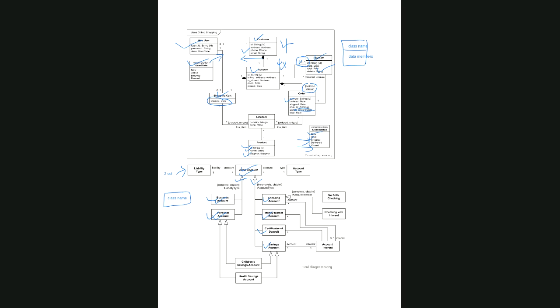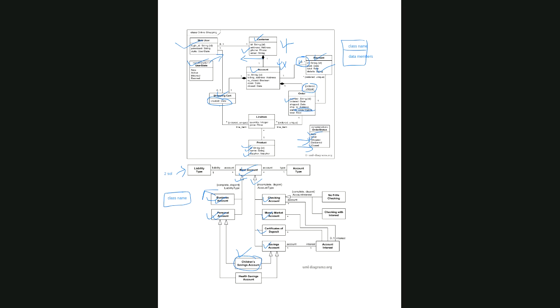When I ask you about the children's saving account, what type of class is this? This class has two parents, one personal account and another saving account.